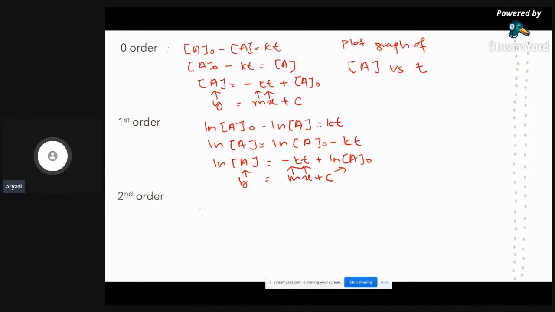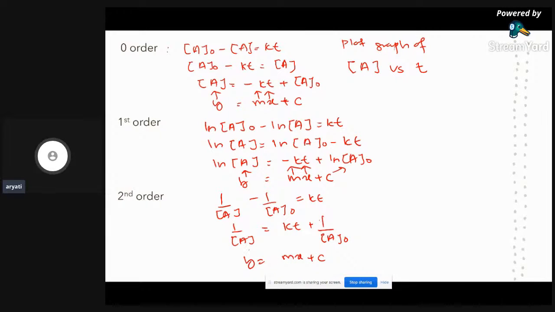For second order, the integrated equation is 1 over A minus 1 over A naught equal to kt. So we make 1 over A the subject: 1 over A equal to kt plus 1 over A naught. We compare with the linear equation y equal to mx plus c.